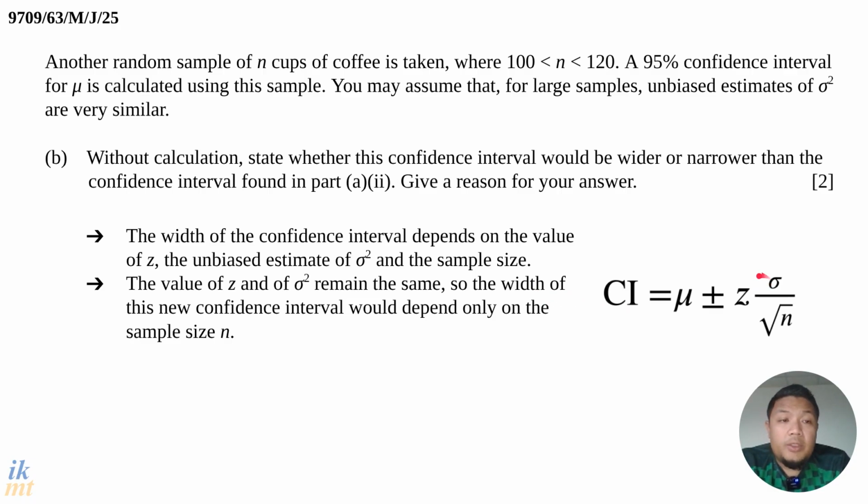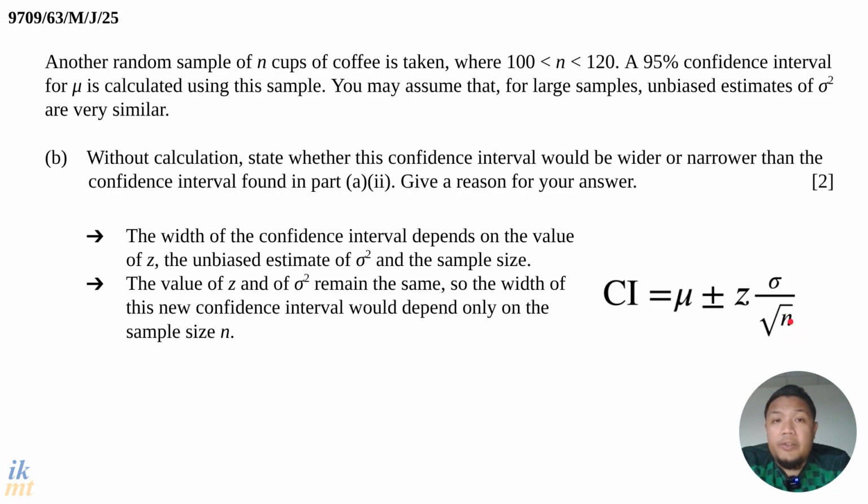And of course our sigma is going to be the same as well, because here it does say you may assume that for large samples, unbiased estimates of sigma square are very similar. So we'll assume that this is very similar as well. So now the only value that will determine our confidence interval width is n.